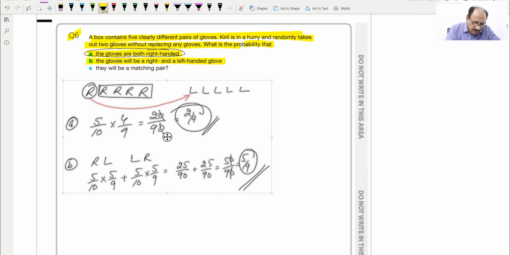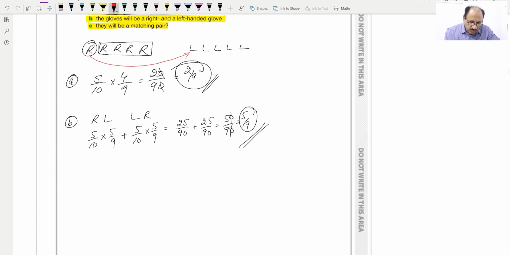they will be matching pairs. So matching pairs, to understand the matching pairs, what we can do, we can make pairs, right, and right. So there are 5 right, and there are 5 L, 5.